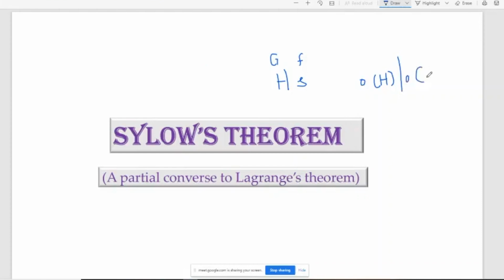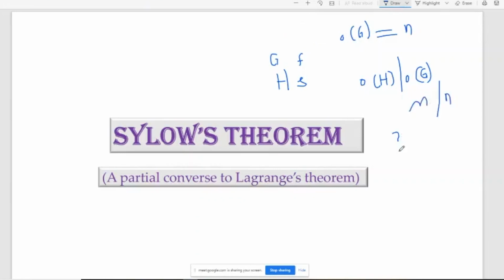Lagrange's theorem states that if G is a finite group and H is a subgroup of G, then the order of H divides the order of G. So what will be the converse of this? Suppose I have the order of G to be some number n, and suppose m is a number which divides n.